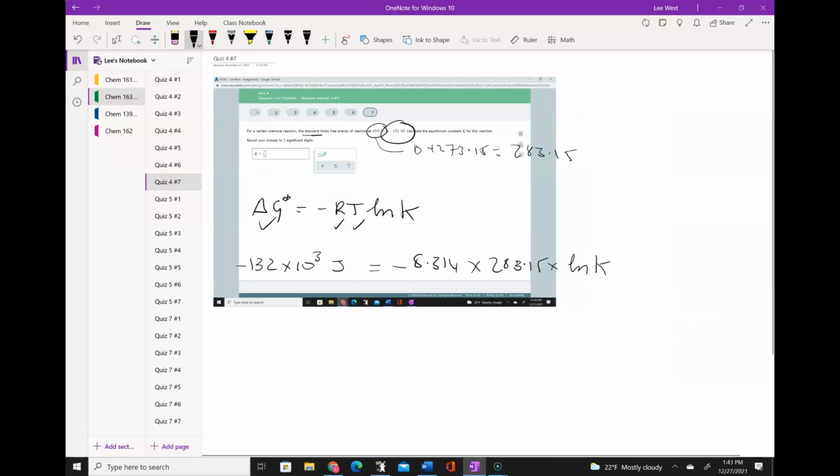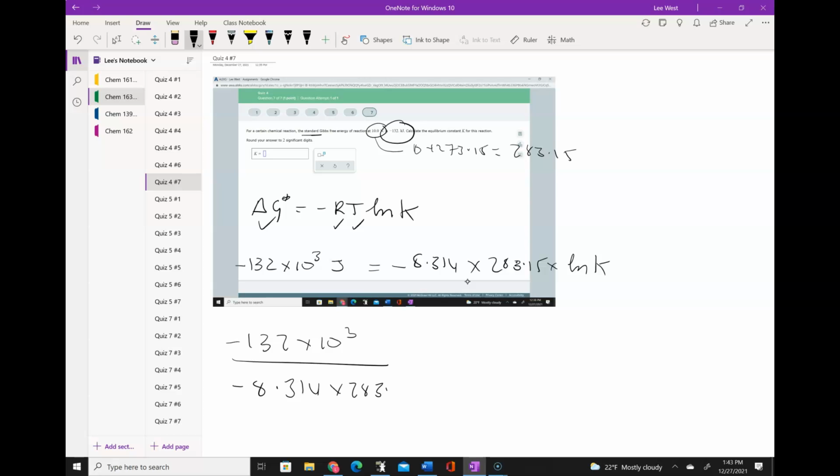So a couple of ways of doing this. You can do algebra, or you can use a solver. I'm going to do algebra just to demonstrate that. So we got minus 132 times 10 to the 3 over minus 8.314 times 283.15 will give me log K. And we'll see what that equals.